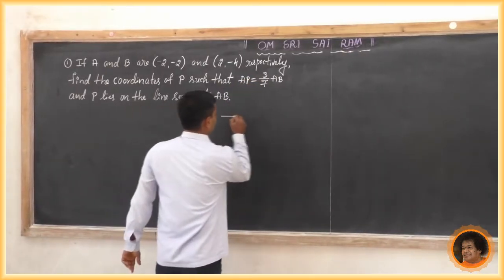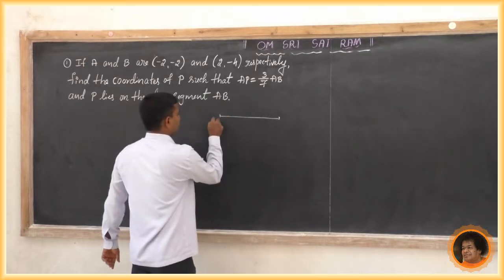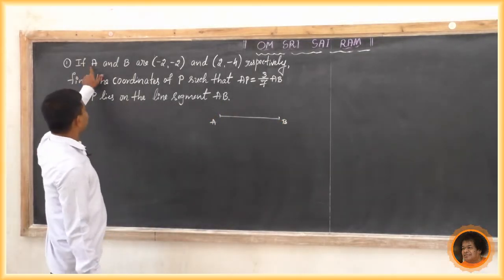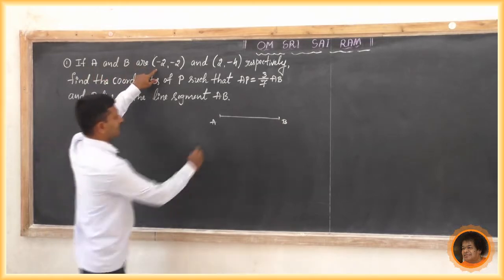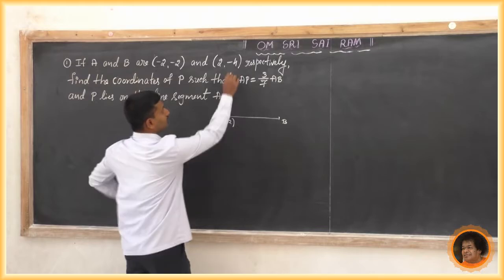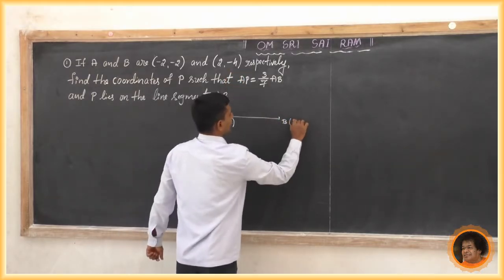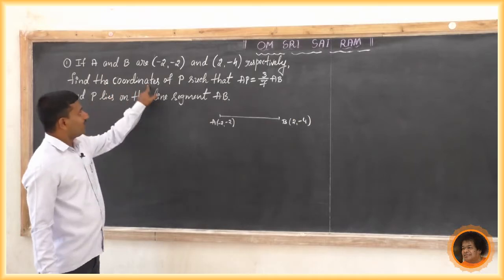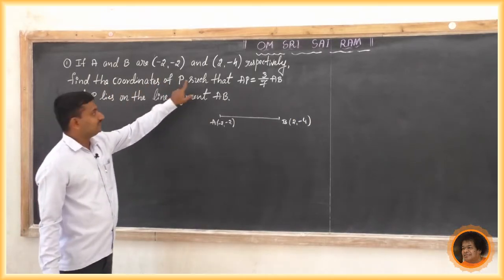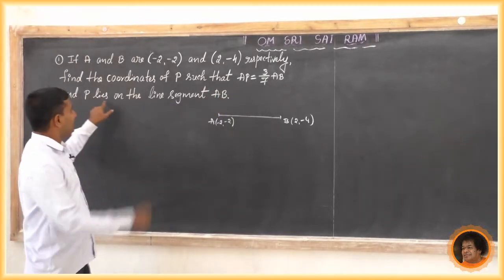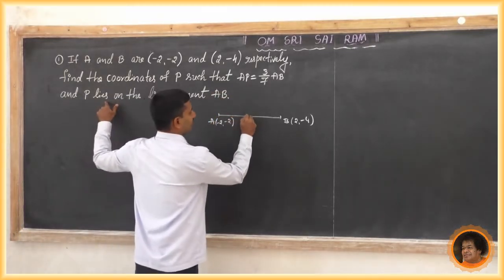So, here a line segment AB is the line segment. So, the coordinates of the 2 points A and B, that is given (-2, -2), and the coordinates of the point B (2, -4). Find the coordinates of the point P such that AP equal to 3/7 AB and P lies on the line segment AB.